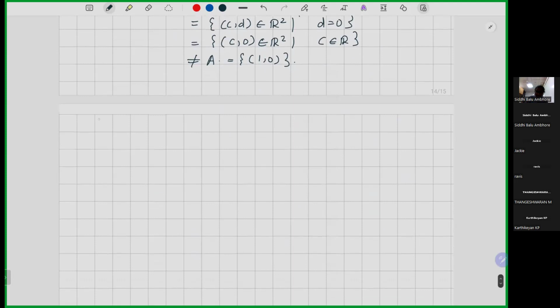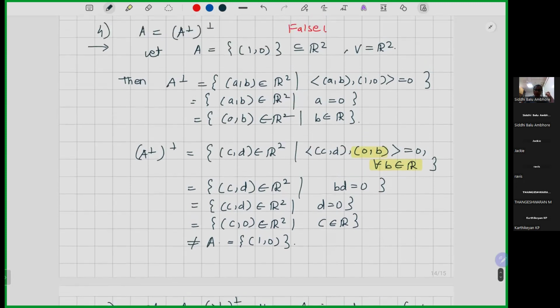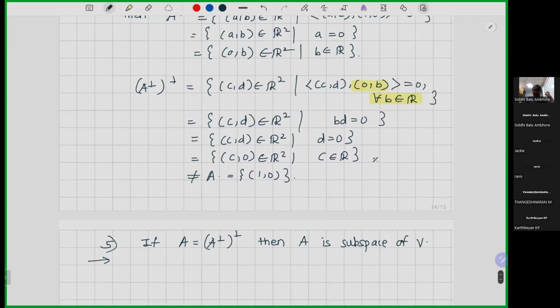Okay. And the fifth one is that if A is equal to A perp, then A is a subspace of V. And what is your guess for this statement? Because see here, when I started with A perp and again took the perp, I got a subspace.